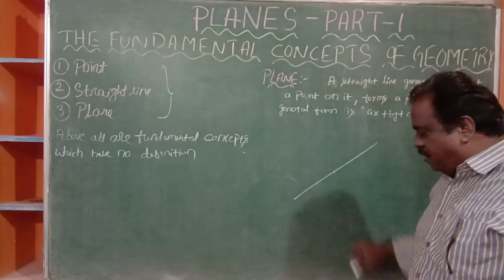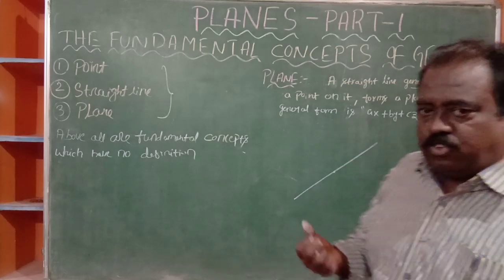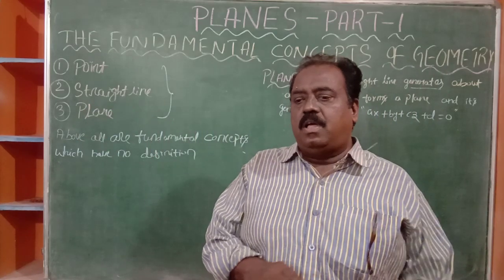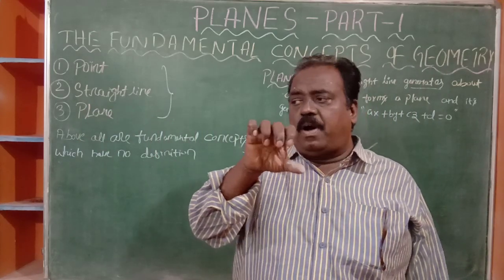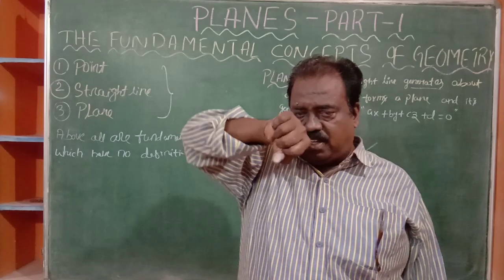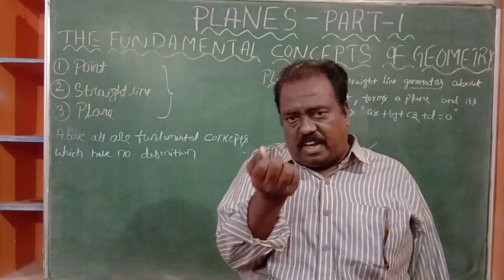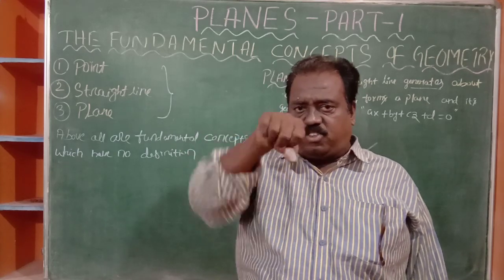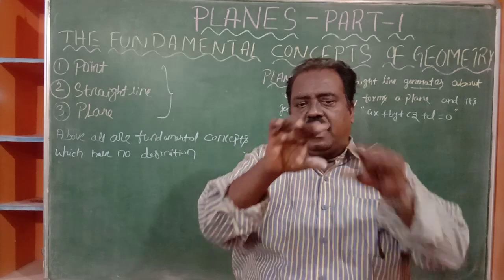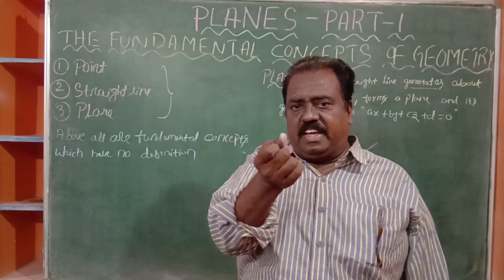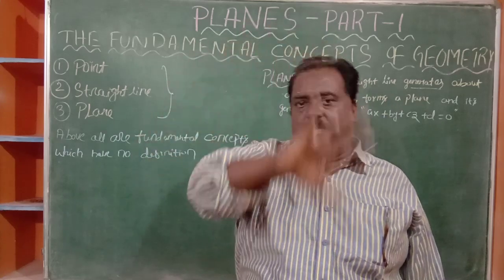A straight line is there. For example, a stick is there. We take one stick. In the middle or at any point, if you hold that stick and you rotate, you generate. If you rotate it speedily, that stick, some length, say 3 feet, then a fog will be formed.